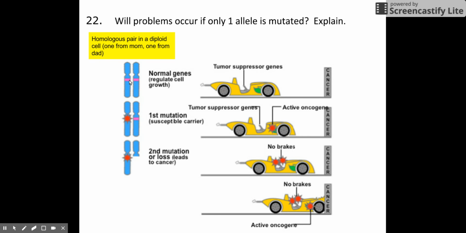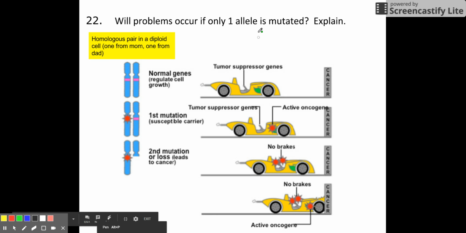So if both of these pink ones here are the tumor suppressor genes and one of them gets mutated, you are not necessarily going to have problems because there's still a functioning copy on the other chromosome.